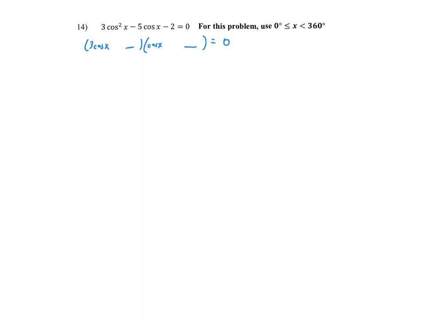Now we got to figure out where to put the factors of 2 so that when we FOIL, it'll add up to -5 cosine of x. After a little experimentation, we'll put the 1 first, we'll put the 2 second. If we do that, we get 1 cosine of x and 6 cosine of x. So if we have +1 and -6, that'll add up to -5 cosine of x. The positive goes with the 1, the negative goes with the 2.